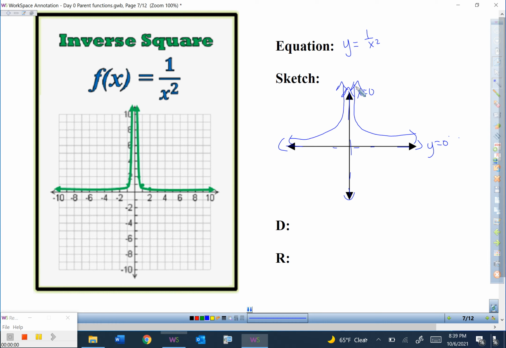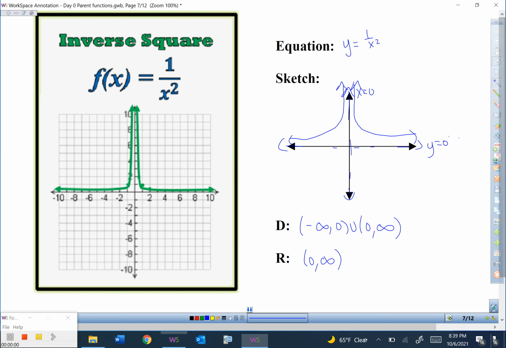Alright. Talking about domain here, we don't have all real numbers. We already talked about we're leaving 0 out for x. So negative infinity to 0, union with 0 to infinity. And then the range here, we don't have any of those negative values, so we're actually starting at 0 and going on to infinity.